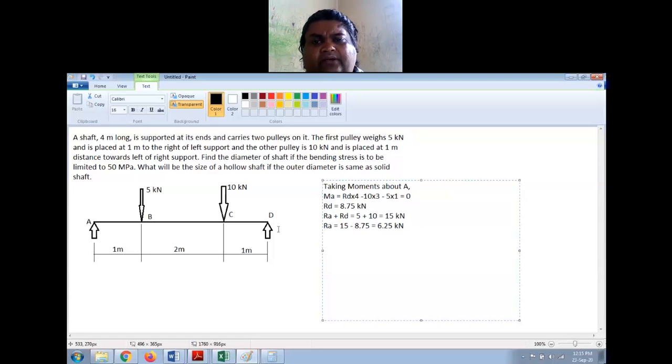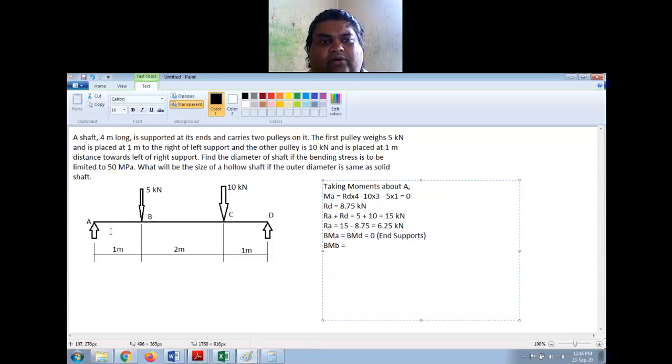Now I have to find the bending moment. So BMA is equal to BMD is equal to 0 at supports. Now BMB is equal to, at this point, here I have two force.